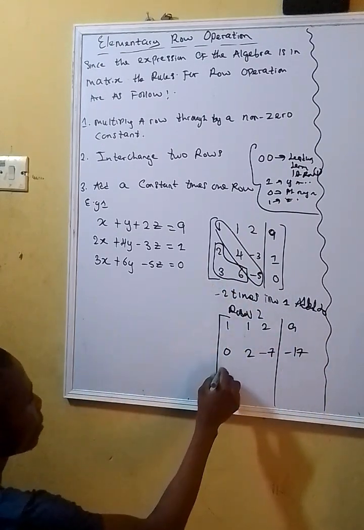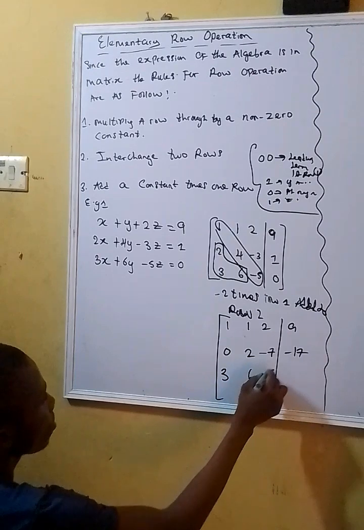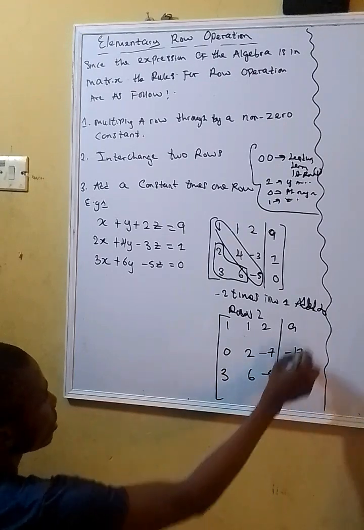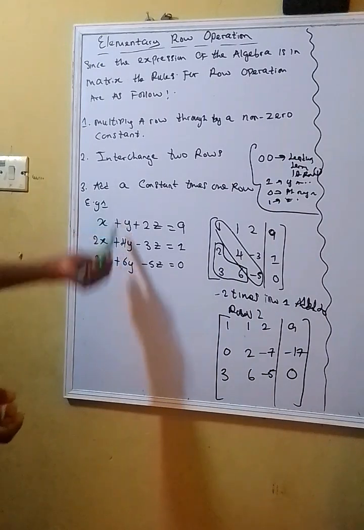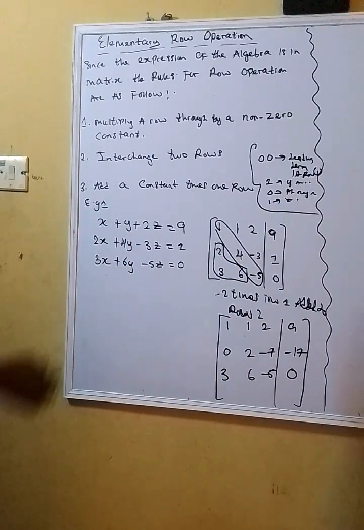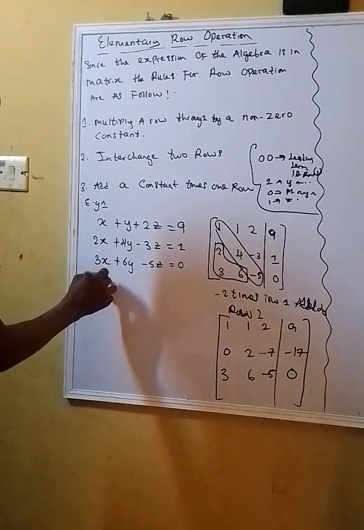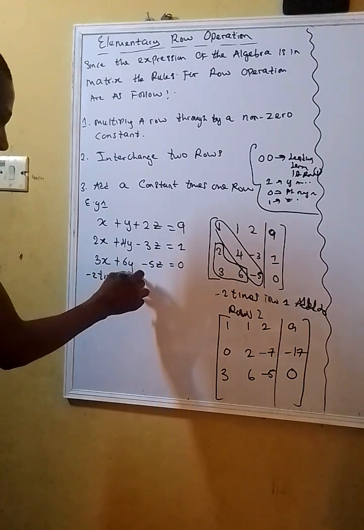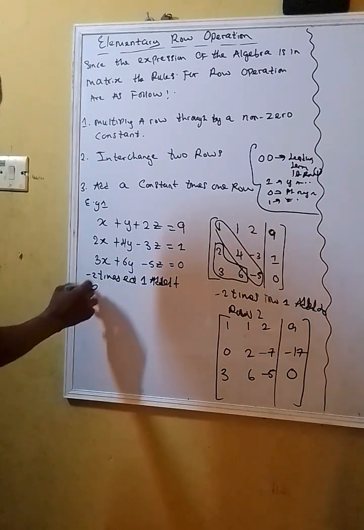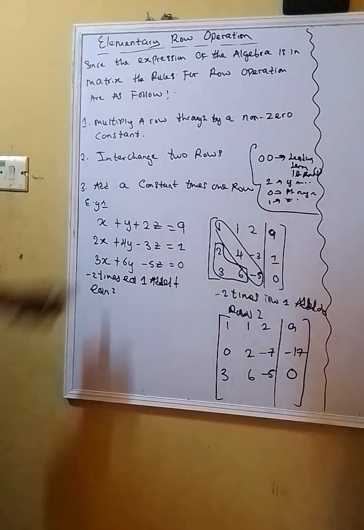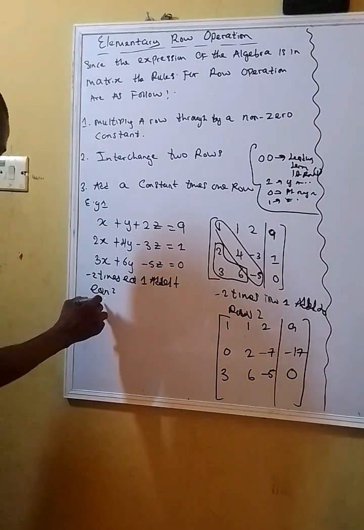Like I told you, it won't affect the third row either, because the action we want to perform is only based on row 2. So if you want to write it also in this form, are you with me? We can say minus 2 times equation 1 added to equation 2. Equation 1 would not be affected.